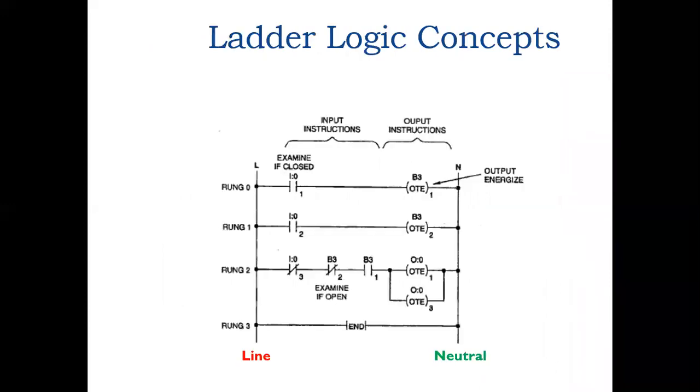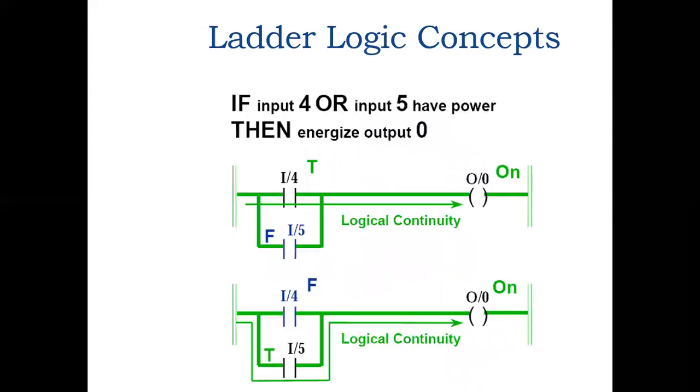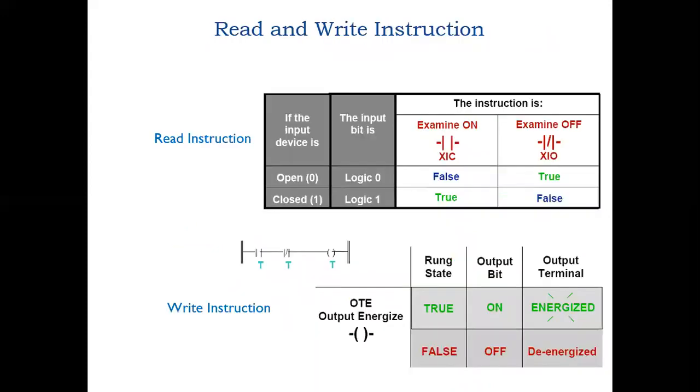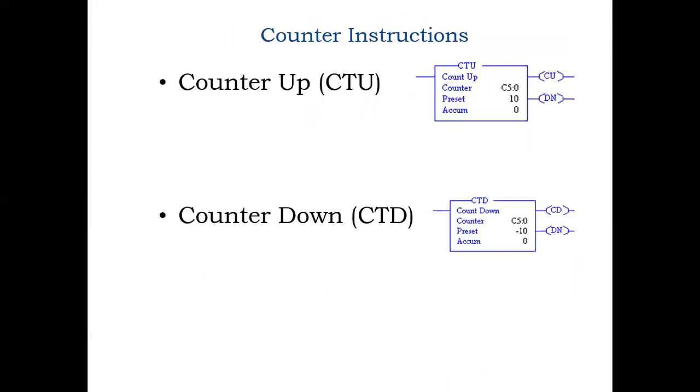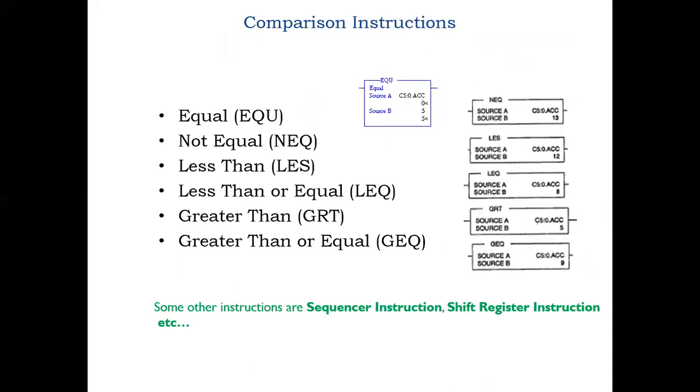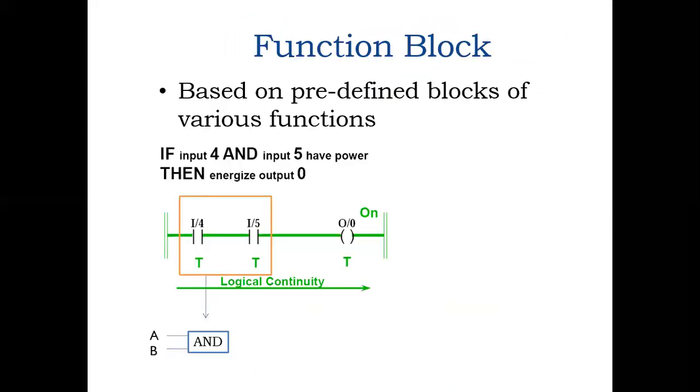We discussed the logical concepts and read and write instructions. These are the timer instructions: timer on and timer off, retentive timer, on delay, then up counter and down counter, and conditions like equal, not equal, less than or equal, greater than or equal used in timers and counters.